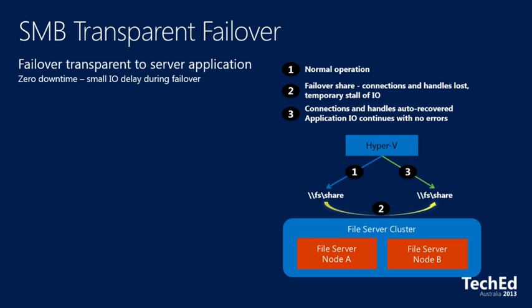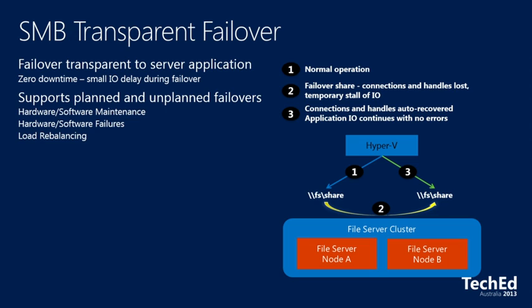He sees a brief stall in I/O, maybe a few seconds, and then he's magically connected again. He's like, oh, that was weird. I'll just keep working. We do this so we can support planned and unplanned failover and load balancing. And we make it resilient using something called the witness.